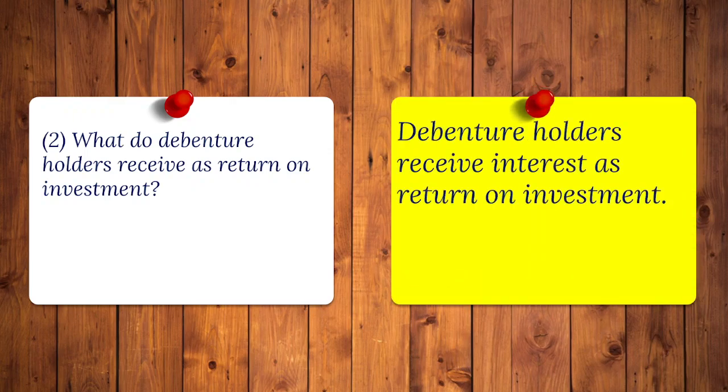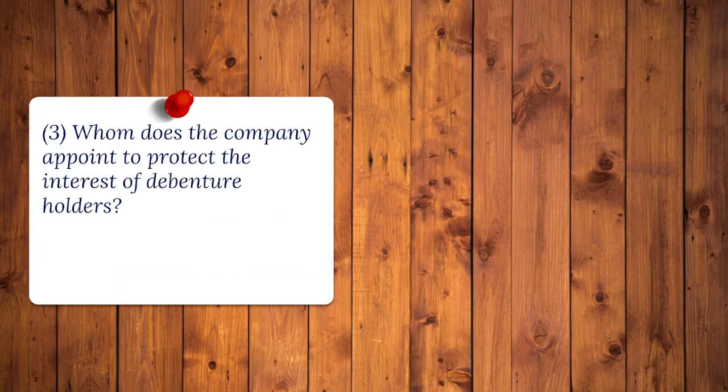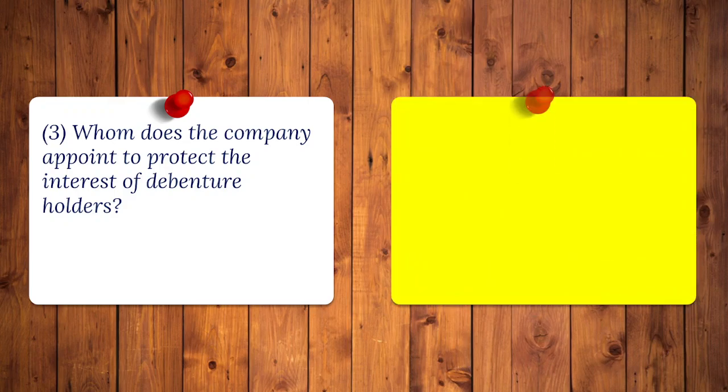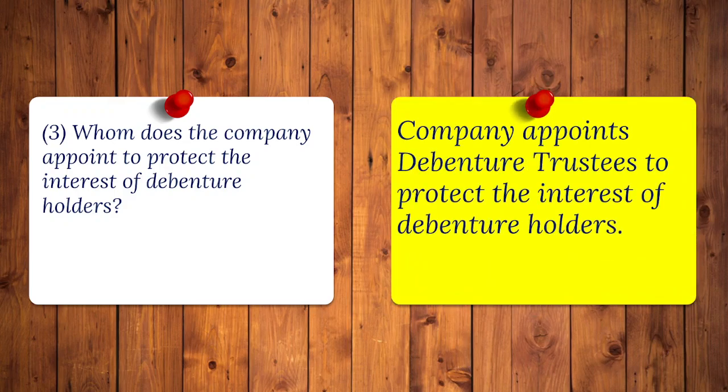Answer. Debenture holders receive interest as return on investment. 3. Whom does the company appoint to protect the interest of debenture holders? Answer. Company appoints debenture trustees to protect the interest of debenture holders.